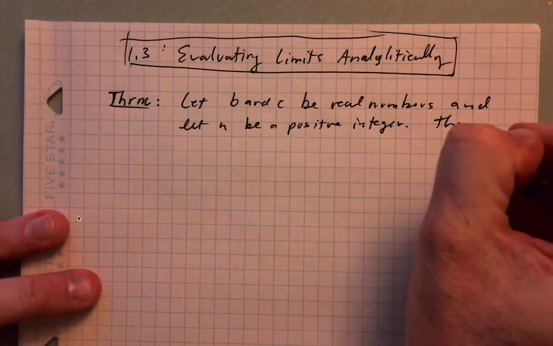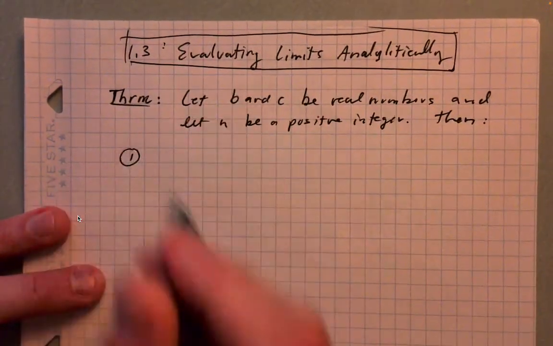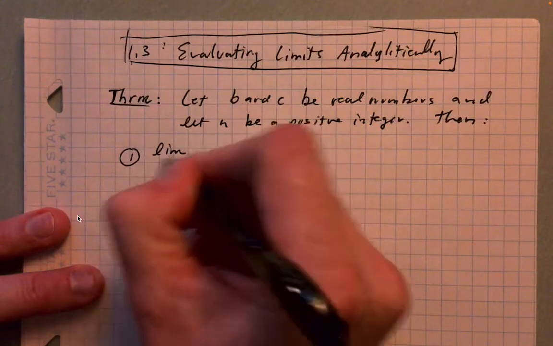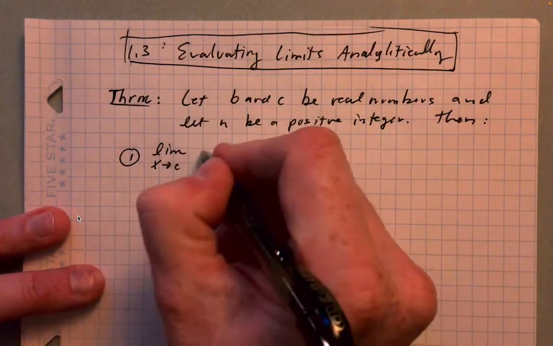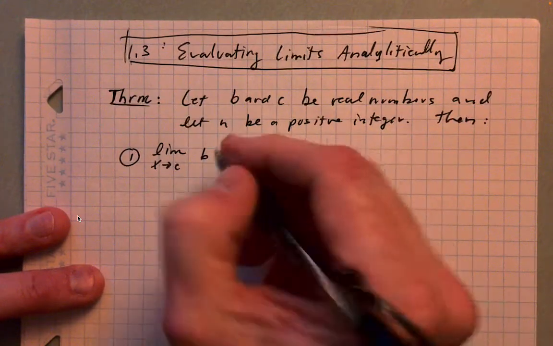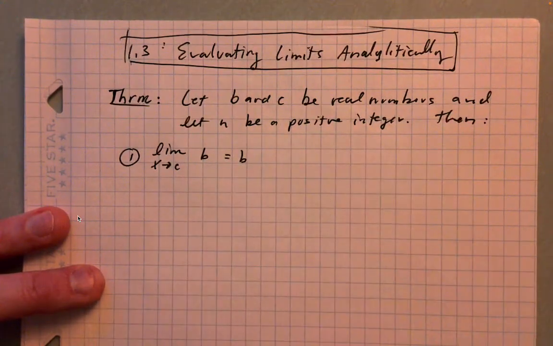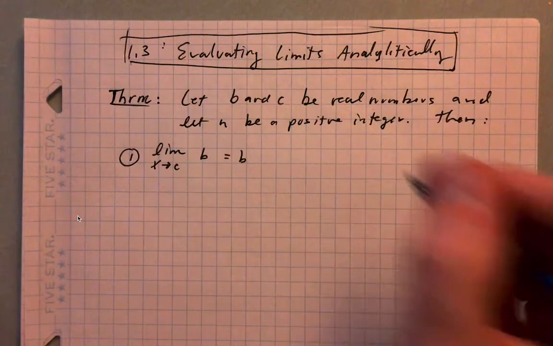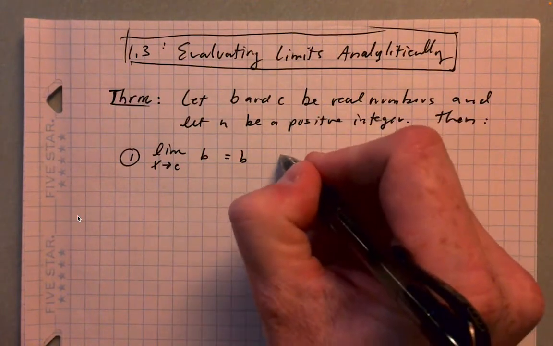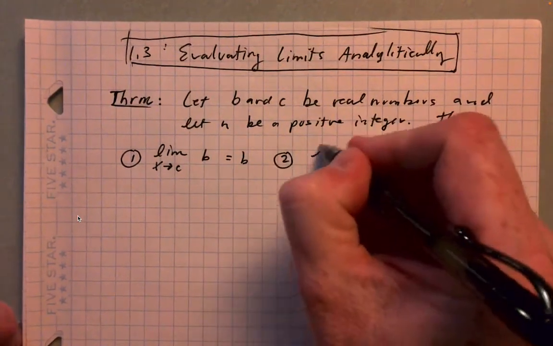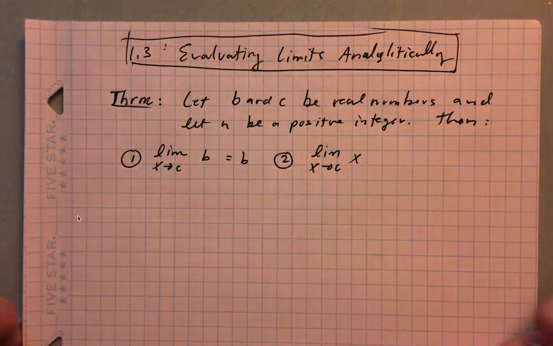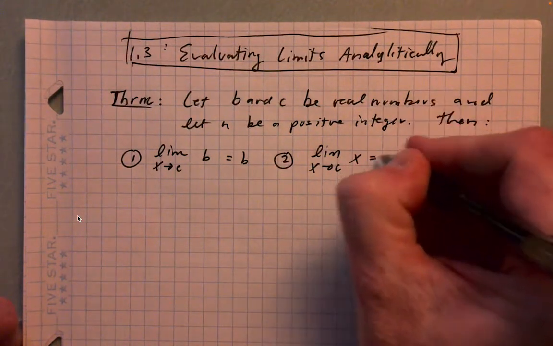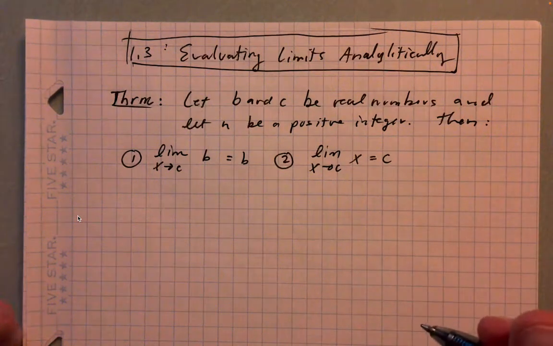Okay, then the following. So the limit as x approaches c, the limit point, of a function b, where b is just a constant, of course, that limit's just the constant, right? Very easy, very obvious. The limit as x approaches c of x is c, okay, right?